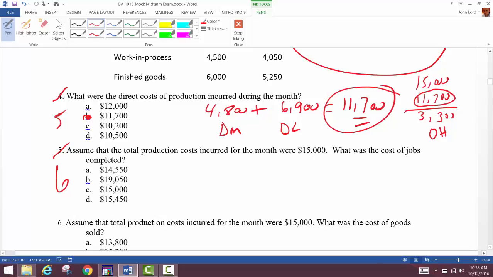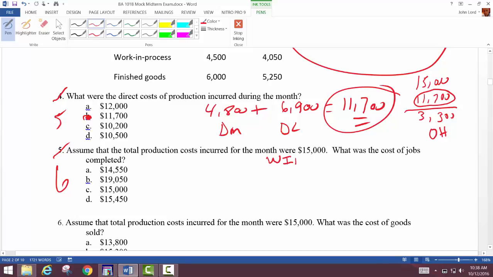They're just saying the total cost of jobs completed was 15,000. Now, if they're telling you that, aren't they in effect telling you what the subtract is supposed to be from work in progress, or the add to finished goods, however you want to look at that?